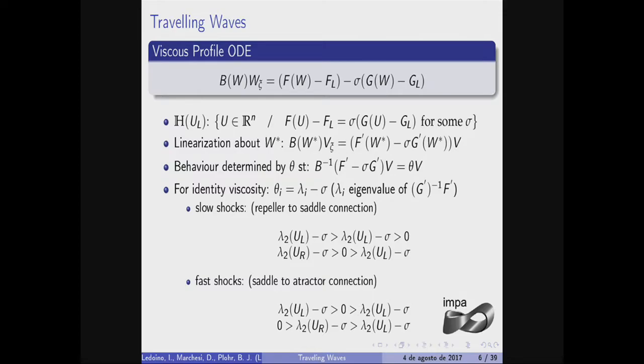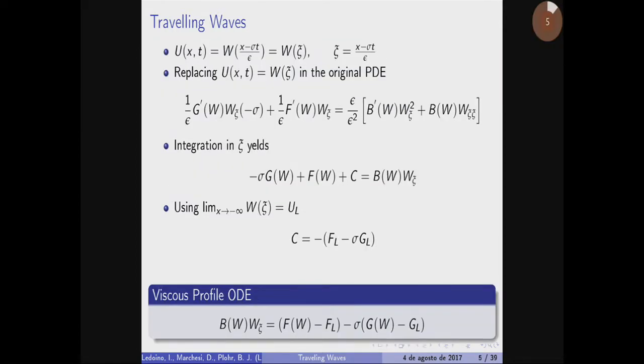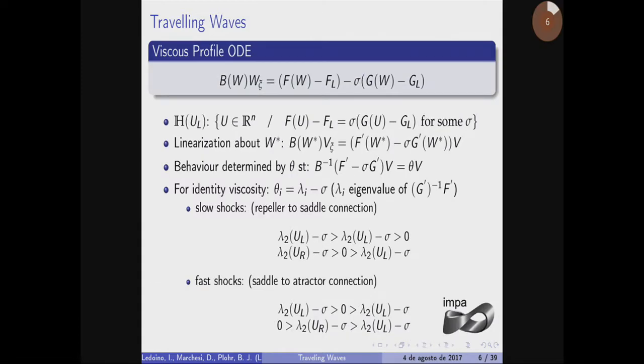So we have the Hugoniot locus, which is the set of right states for which this expression is valid. Sorry, I forgot to mention that sigma here is the velocity of the traveling wave. In this case, sigma is the shock speed for the Hugoniot locus.